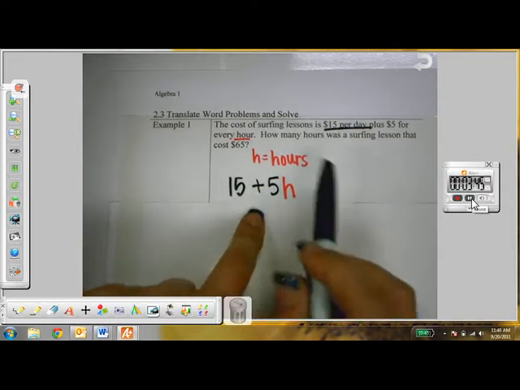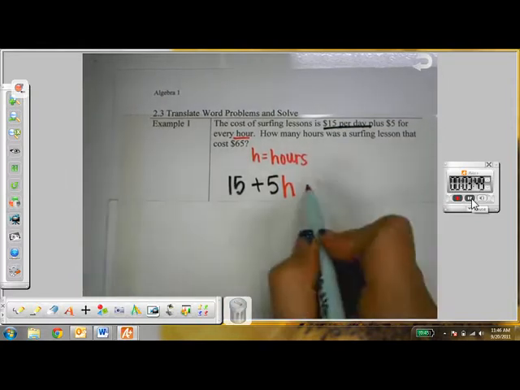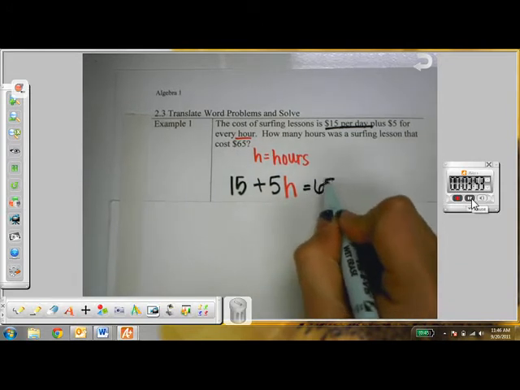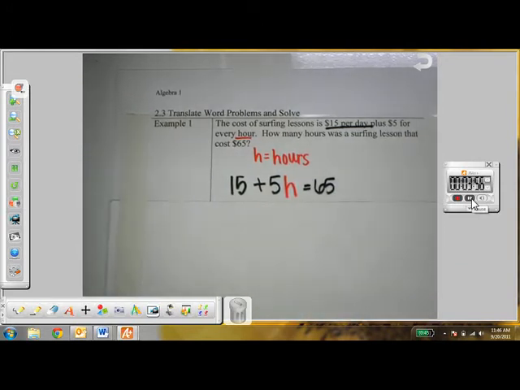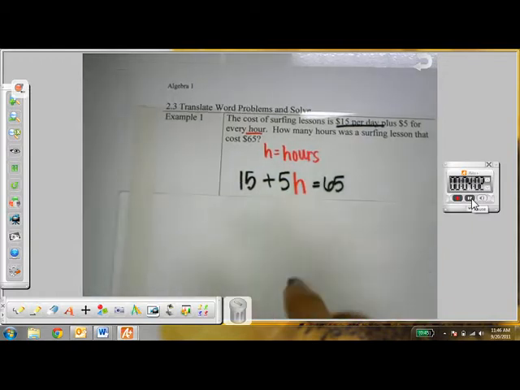And I'm telling you that we paid $65, so everything is going to equal 65. I want to find out how many hours the surfing lesson costs. So what do I need to do to solve for H?